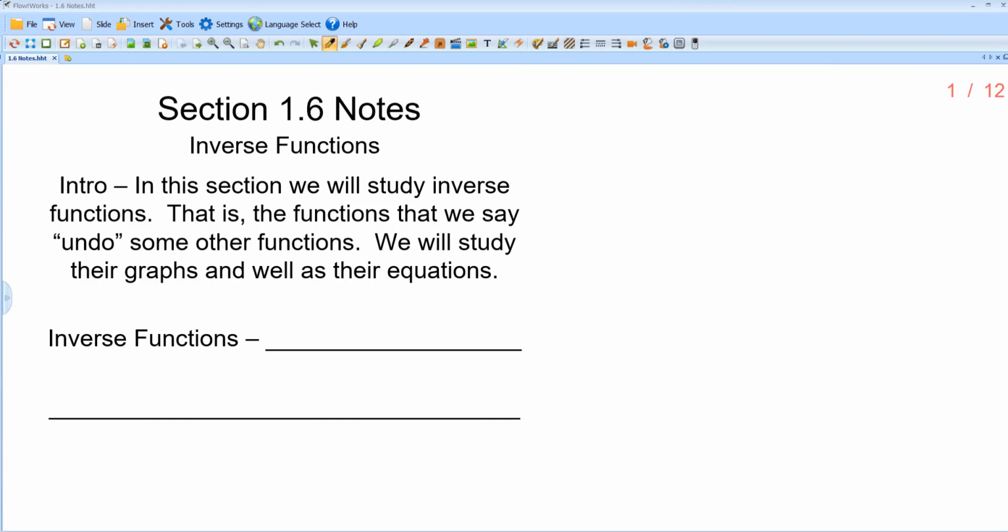So, formal definition, inverse function. A function is said to be an inverse function, and this is going to be a relatively long definition. It's probably not enough space, so write small.